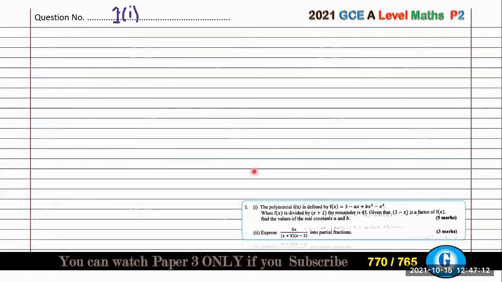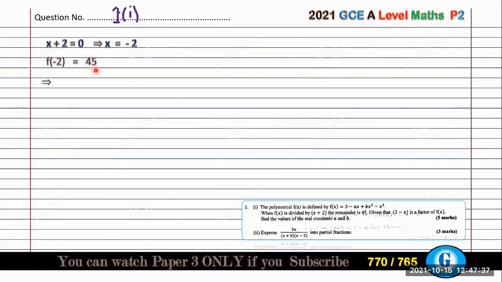So we have been told this equation on the bottom right. When we divide this by x plus 2, the remainder is 45, right? So we equate x plus 2 to 0. That will give us x equal to -2. Since the remainder is 45, f of -2 will be equal to 45.